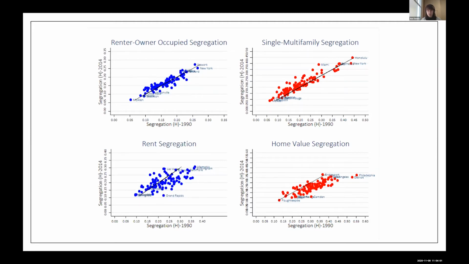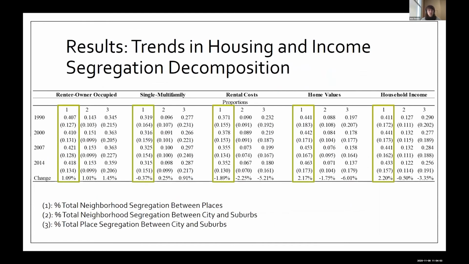Okay, so to start to bring in different levels of geography into account, there's too much on this slide, but if you just look at the green squares and pay attention to that change row at the bottom, this table shows the decomposition of segregation into its place and then its city and suburban components in the second and third columns of each panel.